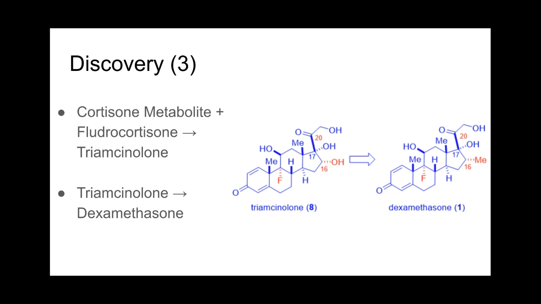So a boy taking cortisone submitted a urine sample to Lederle Laboratories, and from this they were able to isolate a corticosteroid with an added hydroxyl group. This likely resulted from cytochrome P450 metabolic oxidation. The hydroxyl substituted analog was merged with fludrocortisone to produce triamcinolone. This drug was as potent as prednisolone, but possessed far less off-target mineralocorticoid activity.